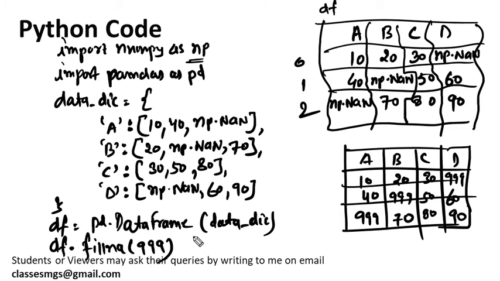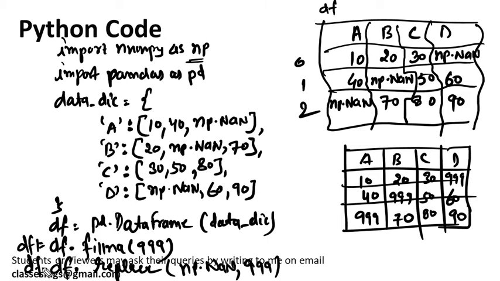And if you use another method, as I have already told you, you can use df.replace, and you pass np.nan. You want to replace np.nan with 999. So this will return a data frame that has the changed values. If you still print df, it will look the same as before. It will be a new data frame that has the values replaced with 999.